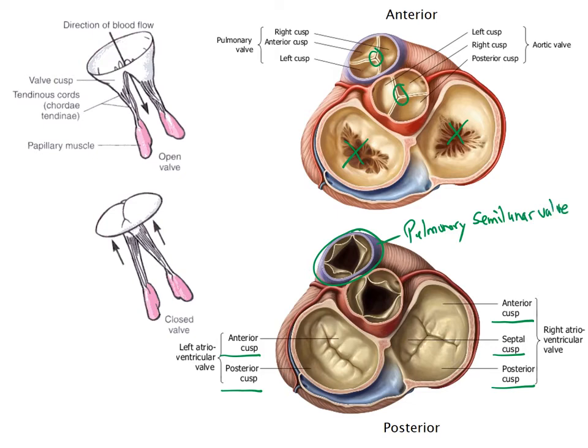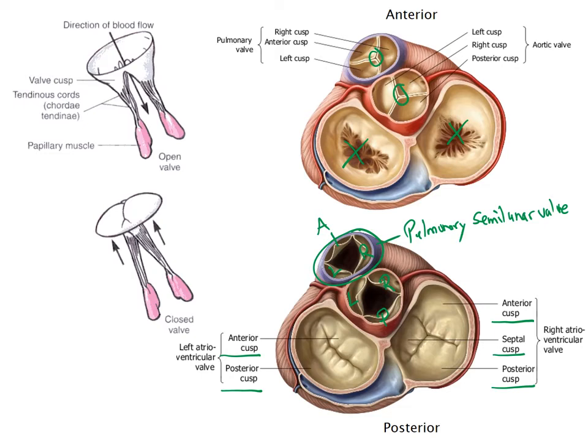The pulmonary semilunar valve has a left cusp, a right cusp, and an anterior cusp. Conversely, the aortic semilunar valve has a left cusp, right cusp, and a posterior cusp. The only difference is anterior versus posterior cusps.